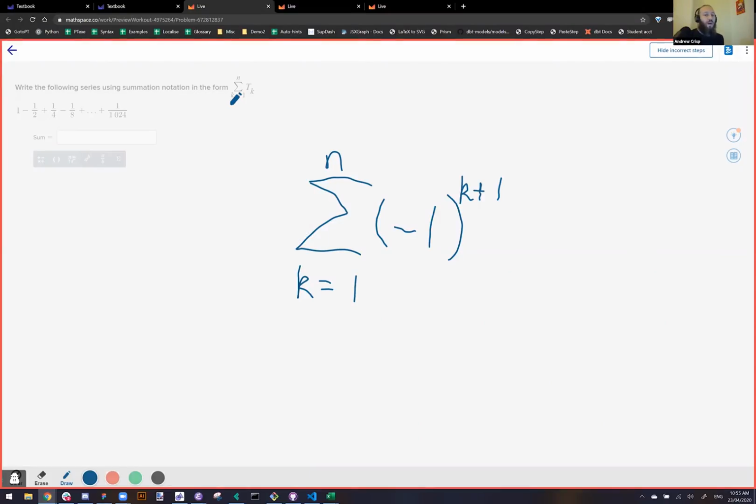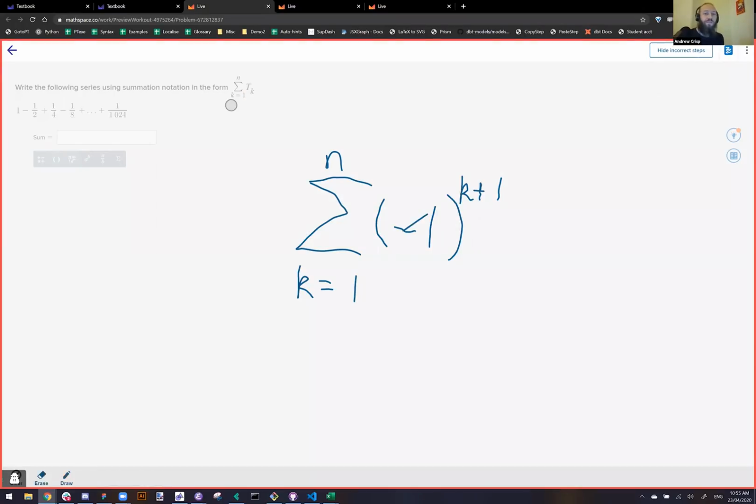If you do -1 to a power, then when the power is odd, we get a negative, and when the power is even, we get a positive. So if we start at k equals 1, I put a 1 where the k is, and I get 1 plus 1 is 2.